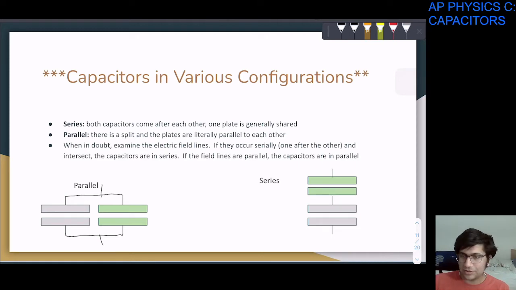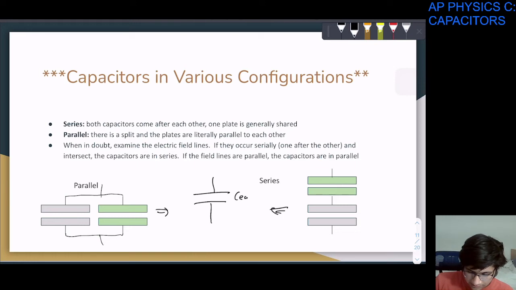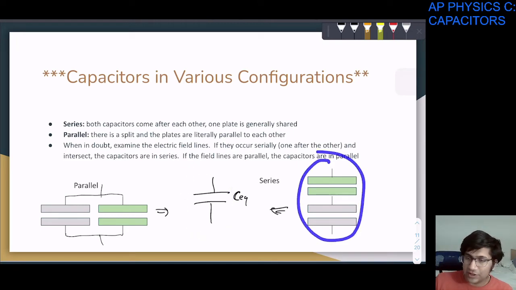And just to be clear one more time, our goal is to replace these two configurations with some equivalent capacitor, C_eq, such that C equivalent has the same capacitance as this configuration here.